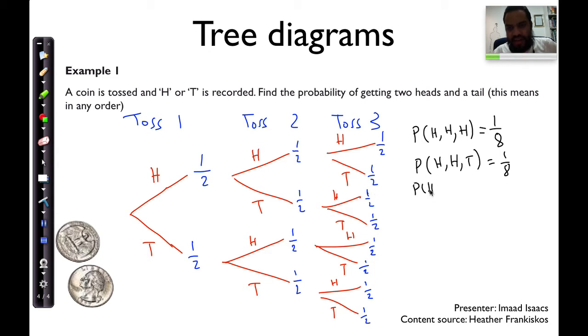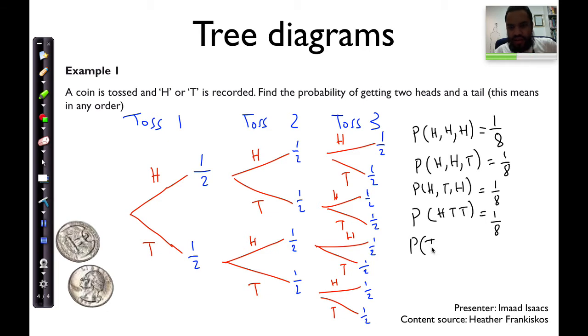The third one is head, tail, head. The probability of getting head, tail, head is 1 out of 8. I'm going to leave out the commas now for the sake of brevity. Head, tail, tail is equal to 1 out of 8. Now it's not always going to be equal. It's just our example here that everything is going to be equal because everything remained a half for any of the likelihoods over here. We're now going to the tails.